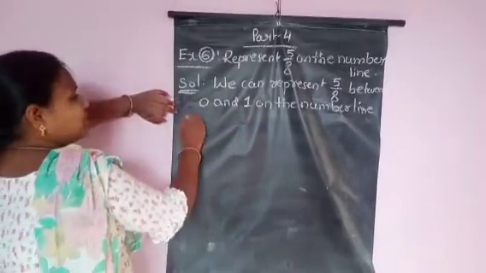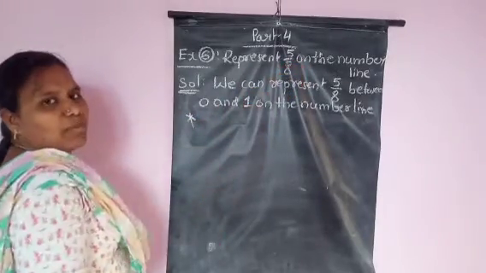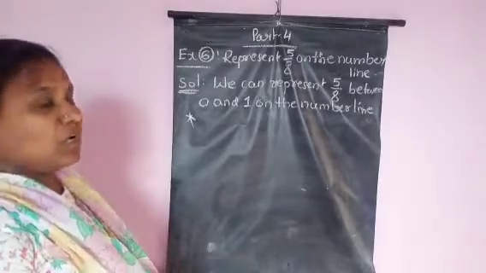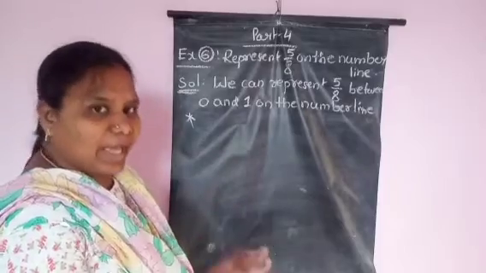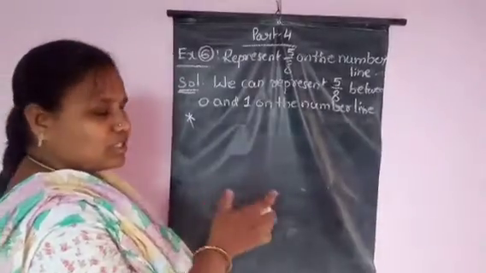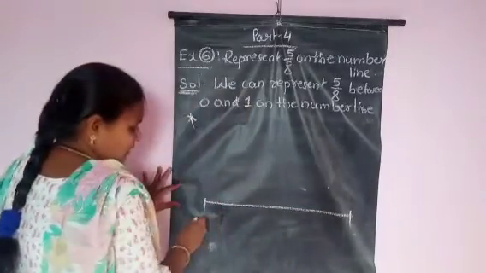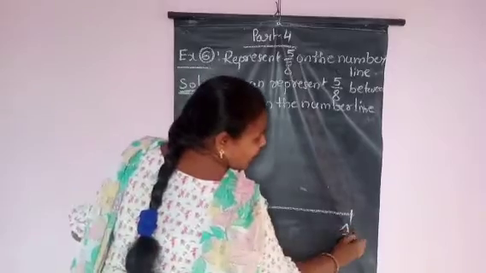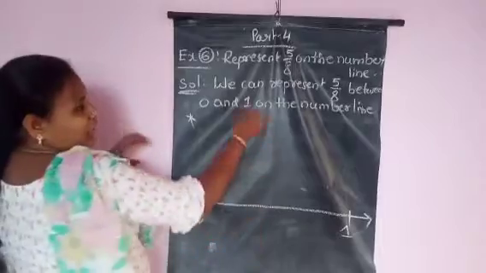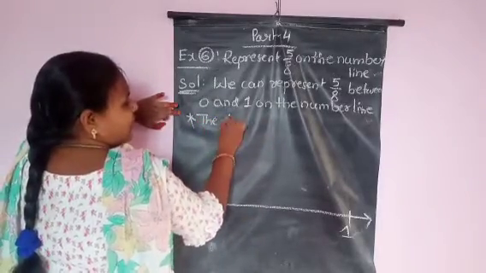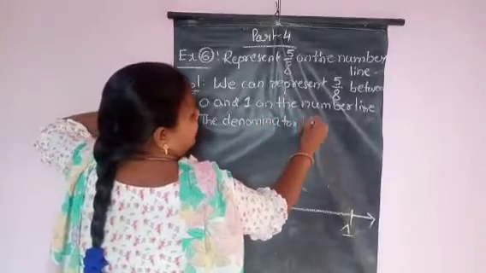To represent this between 0 and 1, the total number of parts is 8. The denominator is 8.